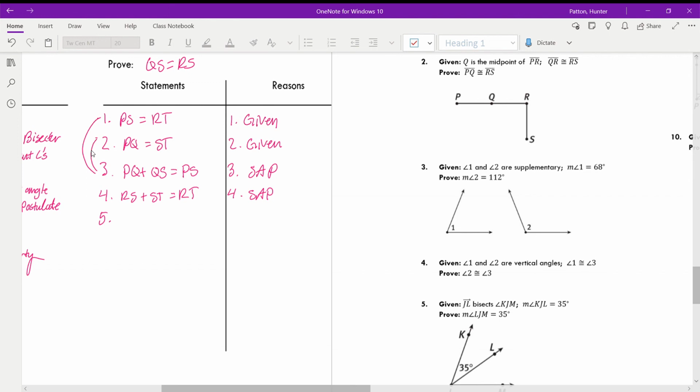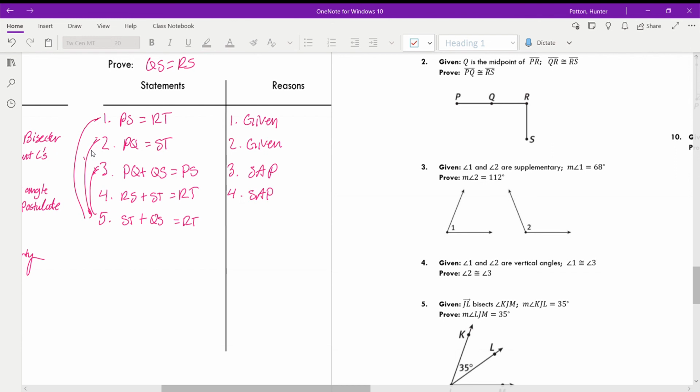I know that PQ is equal to ST, so PQ now becomes ST. I also know that PS is equal to RT, so this will become RT. And then I'm left with my QS right here, right? So all this plugs into step 3. Basically, I'm using step 3, step 2, and step 1 to get step 5.